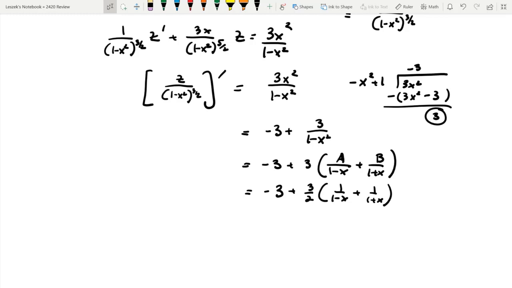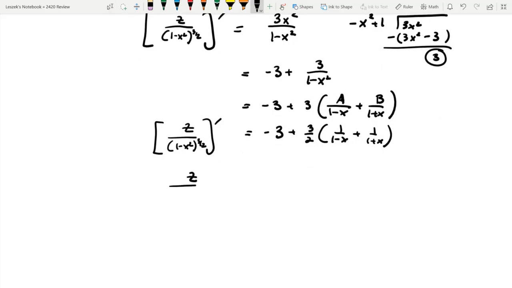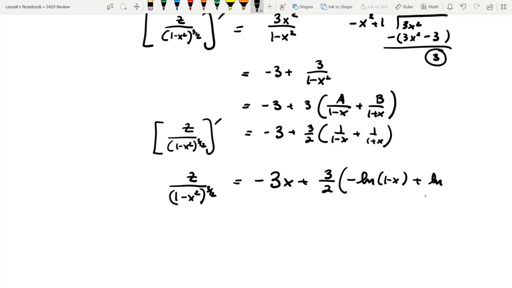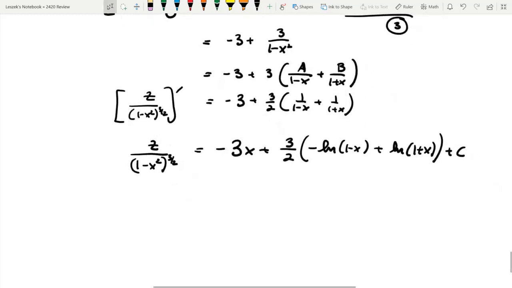All right. So now we can anti-differentiate both sides. And I guess that's pretty much it.